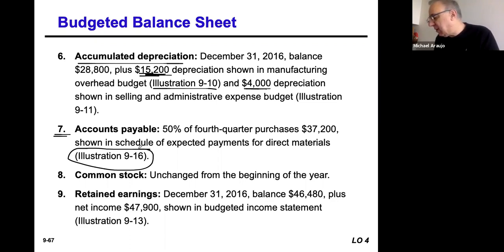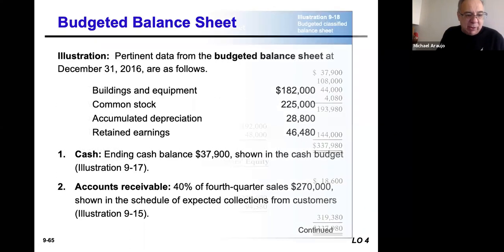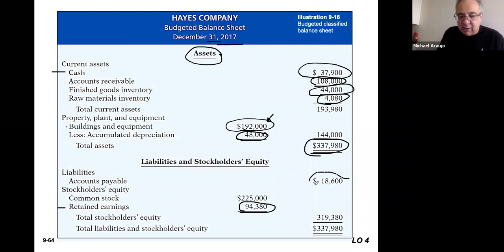At the very end of the fourth quarter, you'll see that we paid half of the purchases and we need to pay the other half. And the other half happens to be, if I'm reading this right, $18,600. So when you look back at that budget, 18,600 is that other half from the fourth quarter of the schedule of expected payments for direct material.